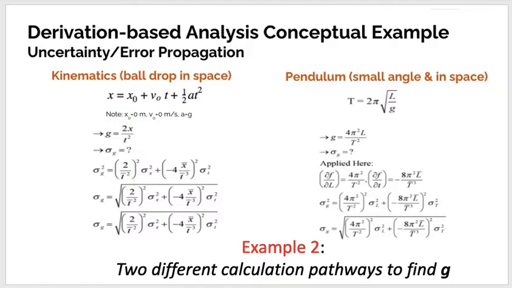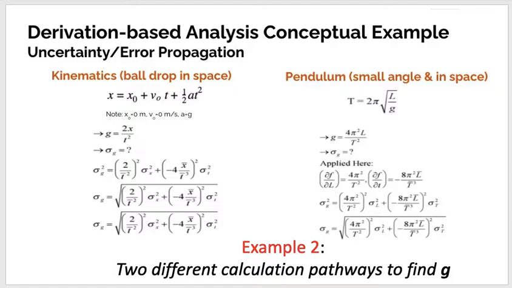Which way you decide to calculate g, whether dropping a falling object or, say, using a pendulum at a very small angle, both of those are ways that are often used, and they have different implications for error, and I'll let you walk through.